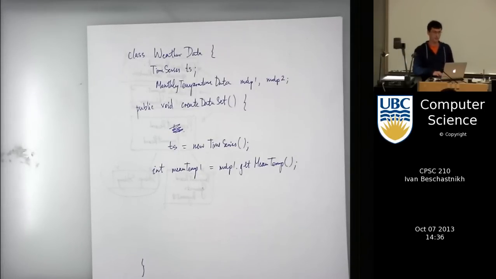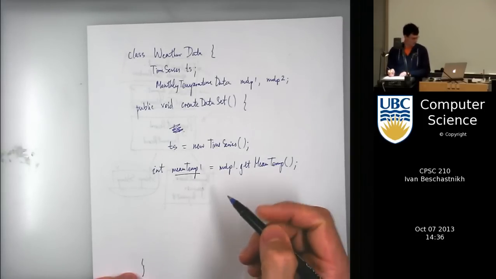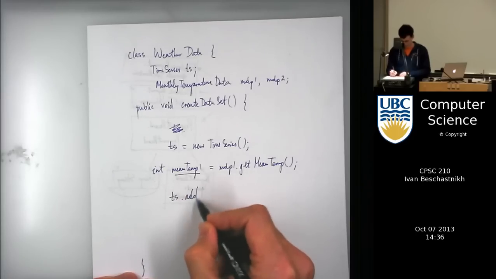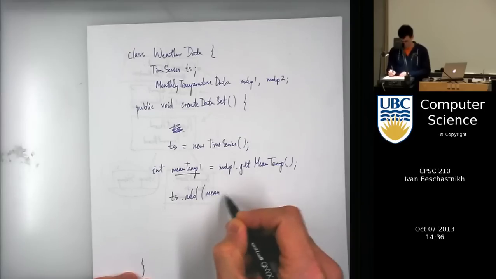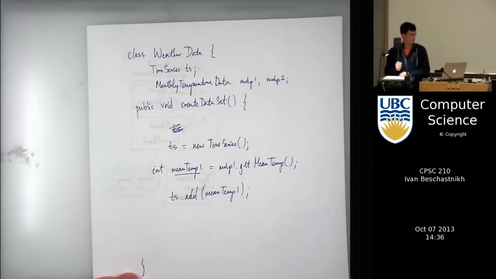I'm calling get mean temp on an instance of monthly temperature data, and the instance is called MTP1. And now I need to add mean temp 1 to TS. Well, I even got the name right, mean temp 1. Perfect. So now I do TS dot add mean temp 1. Okay, that handles the third case.